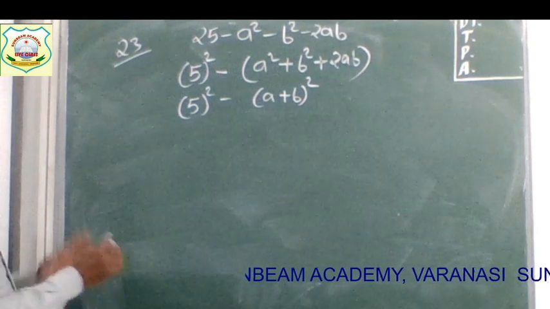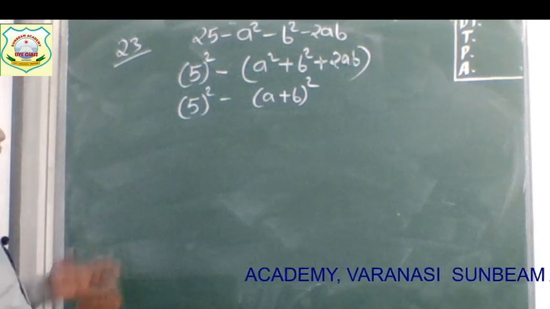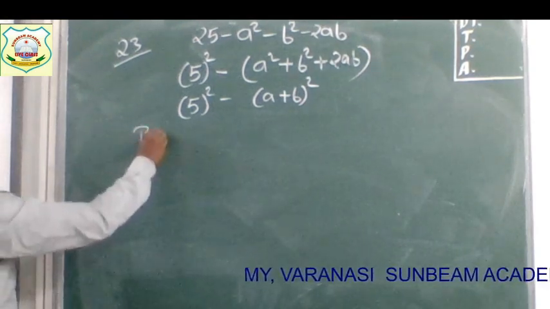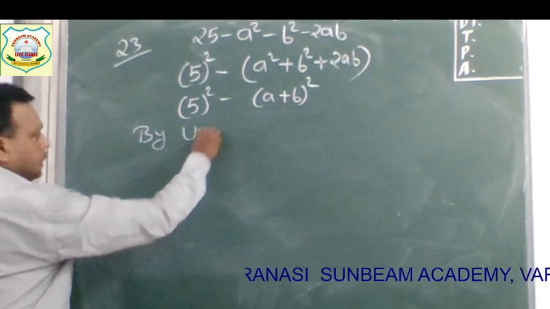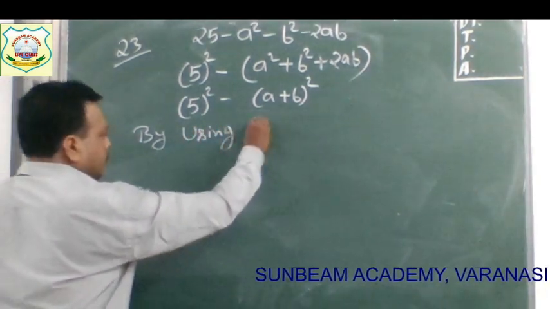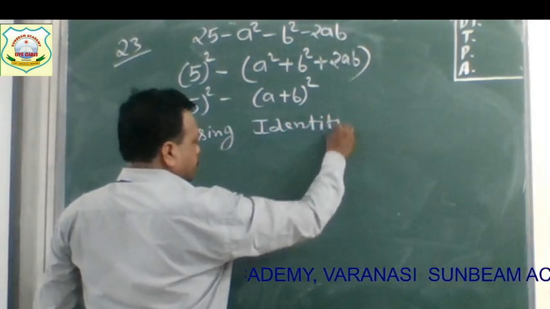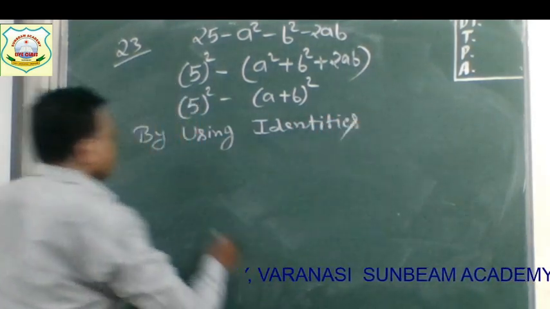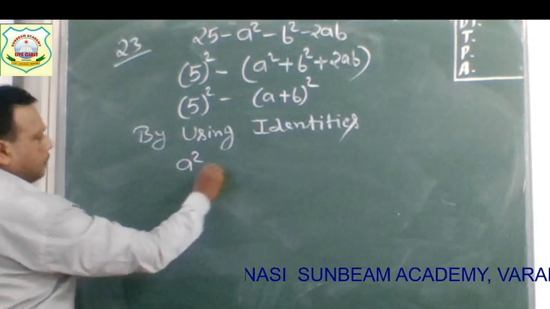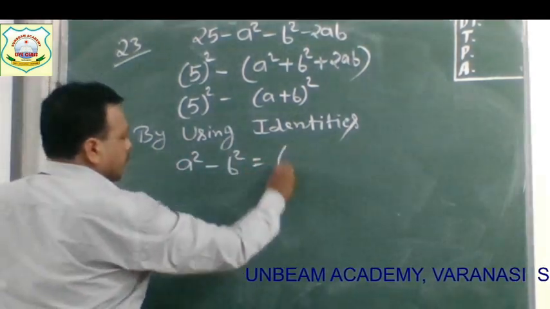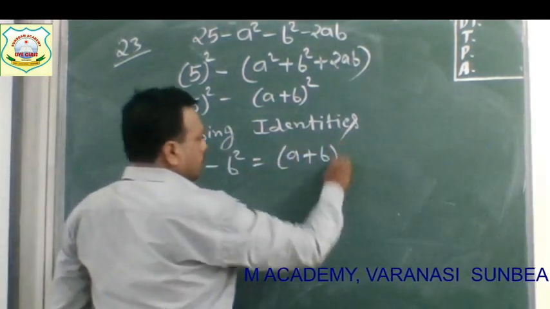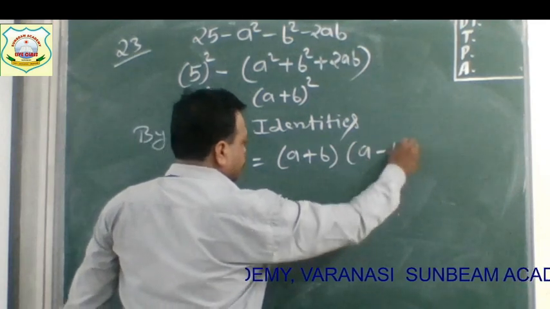So now when we have got a square minus b square, then we can use the identity a square minus b square, that is a plus b and a minus b.